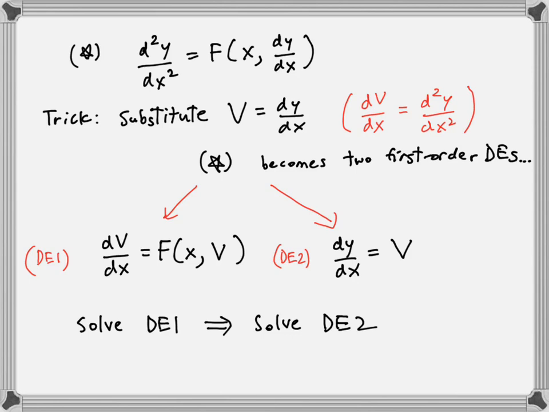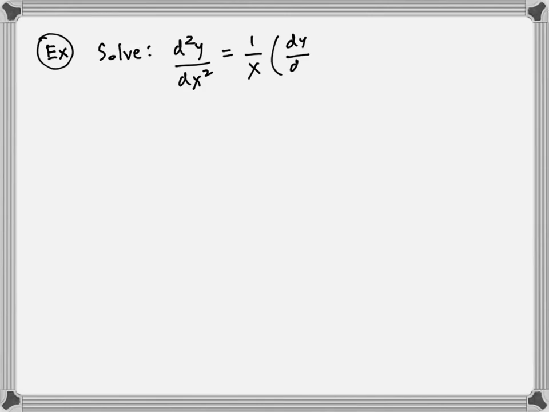Okay, so let's do a quick example here. Let's solve the following. Second derivative of y with respect to x is equal to 1 over x times dy dx plus x squared cosine x, and x is positive.